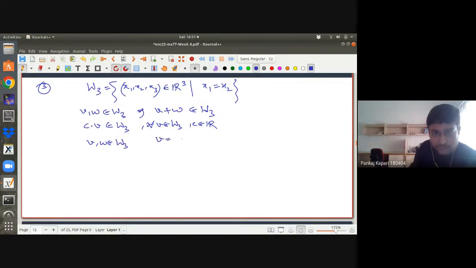Let's write V as x1, x2, x3, and W as y1, y2, y3. Since V and W belong to W3, the first entry is equal to the second entry in both.